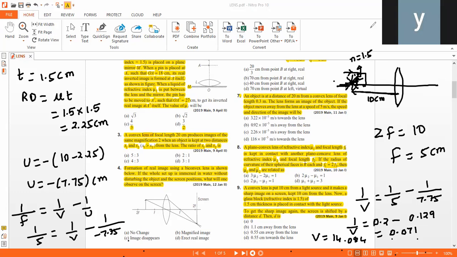That is 14.084 minus 10 plus 2.25, that is let us consider 14 minus 12.25. Now how much we will get? 1.75.